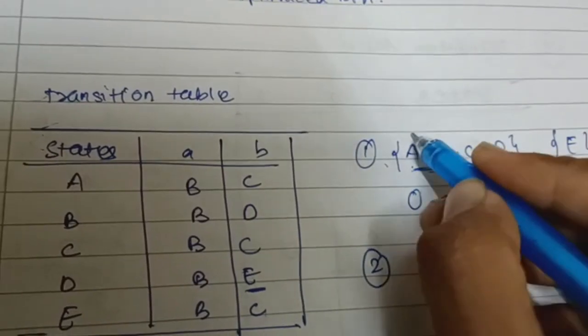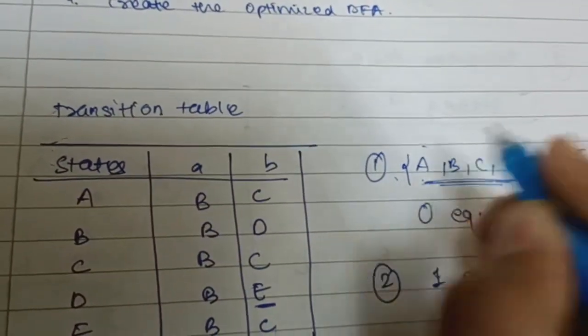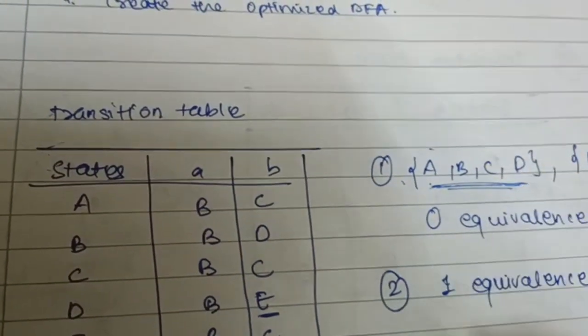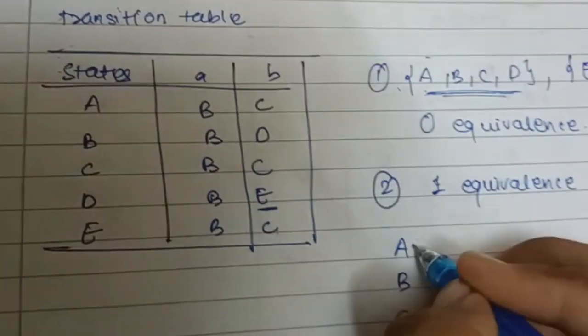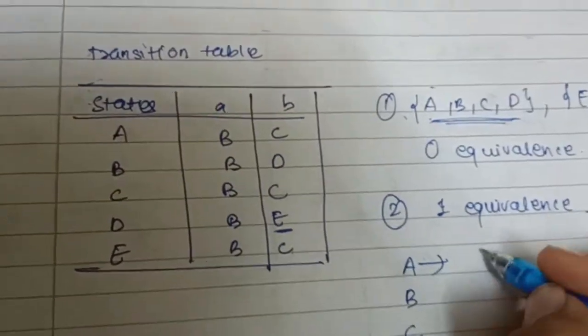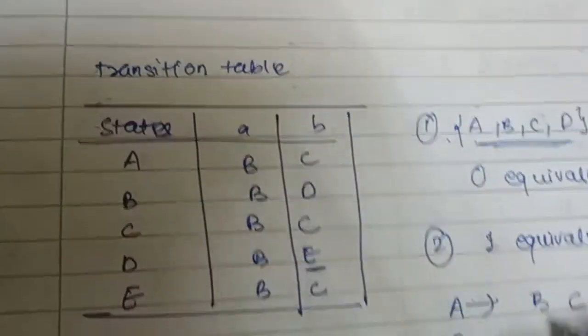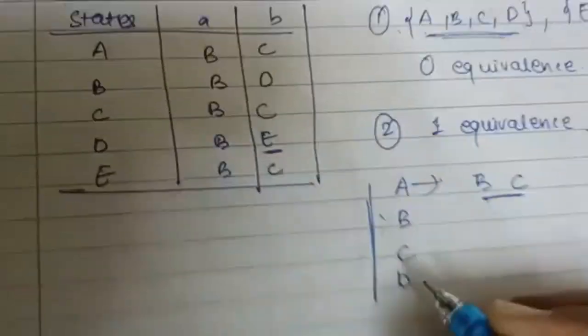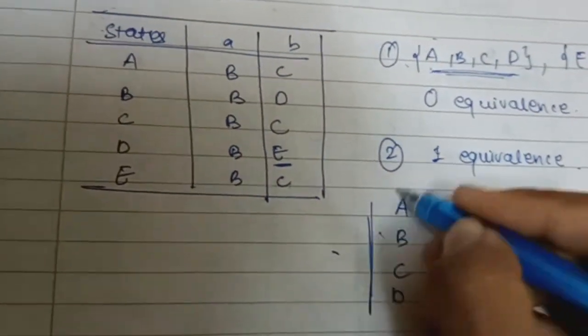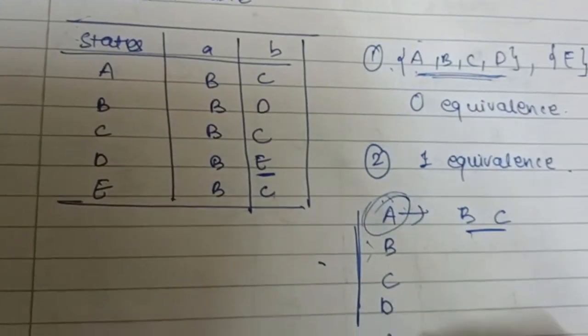Let's pair and see their equivalents. I'll start with A, B, C and then D. From A I can transit to B and C. Now this B and C already exist in this group. Yes, so A will be a part of this group.